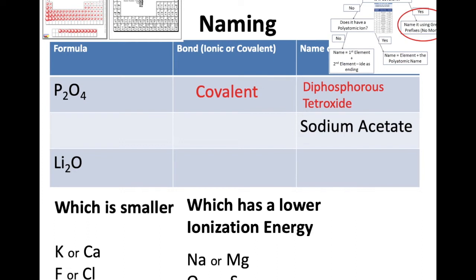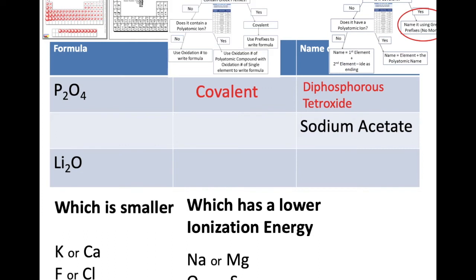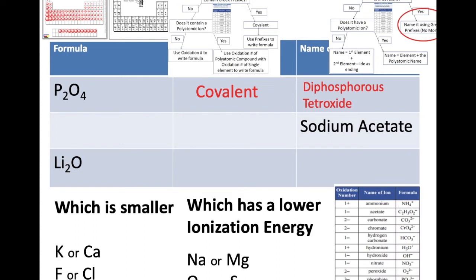If we work backwards and we have sodium acetate, I'm going from the name to the formula. So does it contain any Greek prefixes? Nope, doesn't really seem like it. Does it contain a polyatomic ion? I do see a polyatomic ion, acetate, in there, and I know that it's ionic because it doesn't have any Greek prefixes, and it has a polyatomic ion.